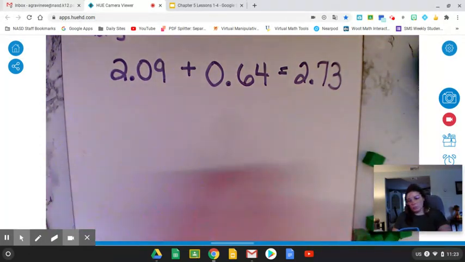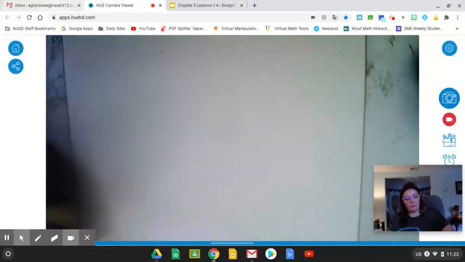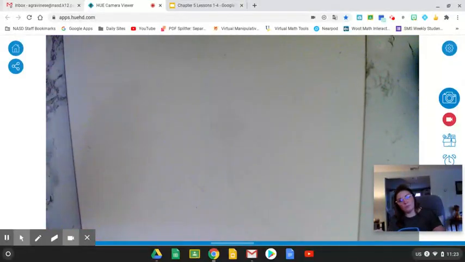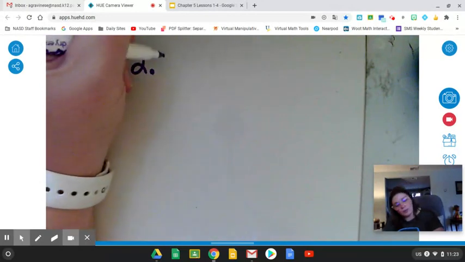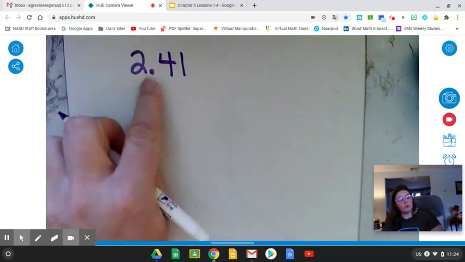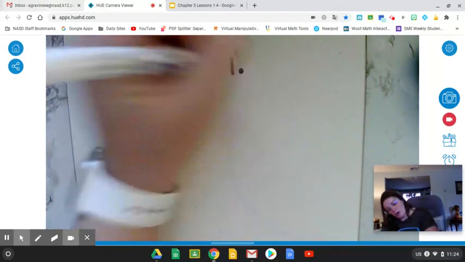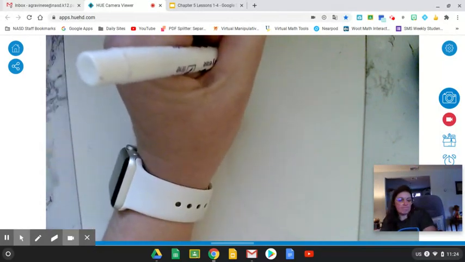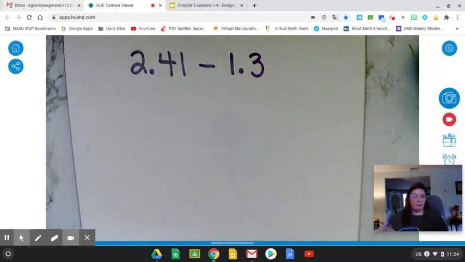Now let's look at a subtraction problem. Let's say that we have 2.41 or 2 and 41 hundredths, and we're taking away 1 and 3 tenths.